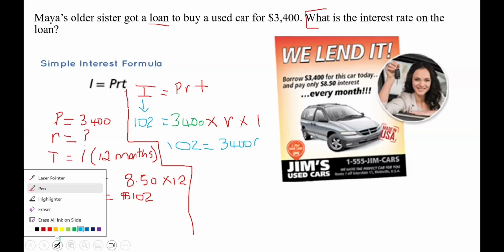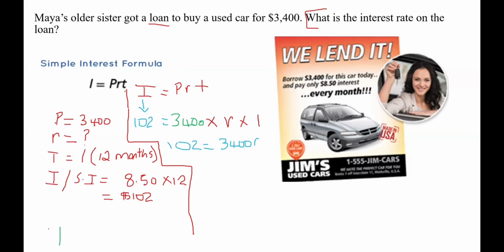I'm going to solve it by dividing through by the number in front of R. So this is being divided by 3,400 because when solving an equation, the goal is to get the R by itself. If I divide the right, I divide the left by that same number.